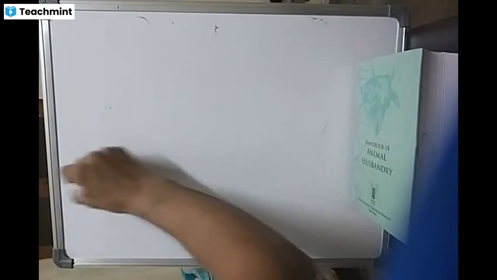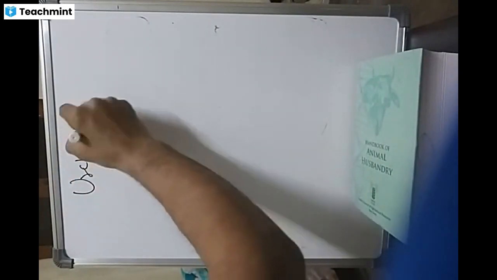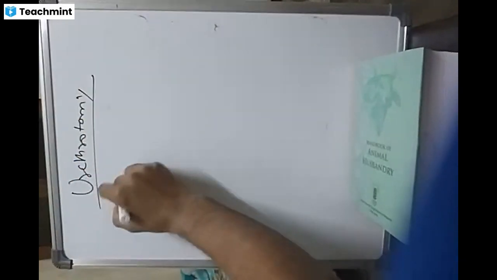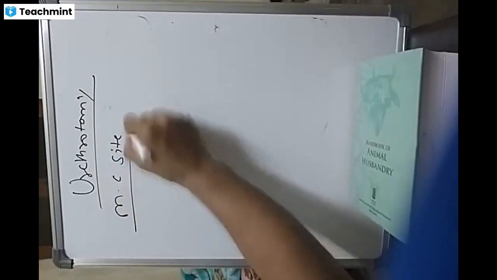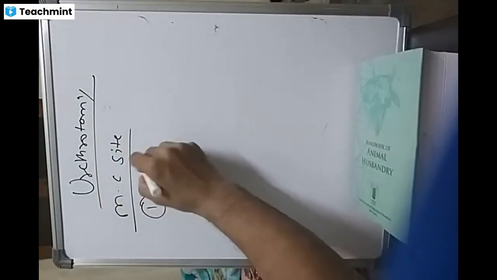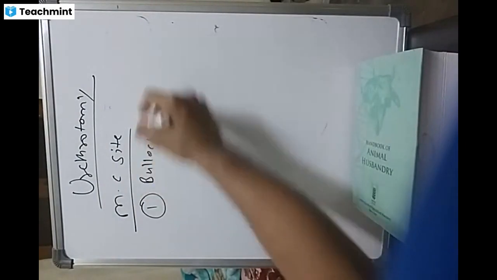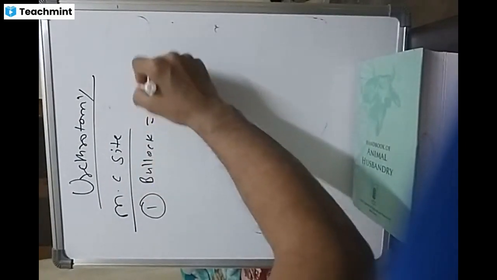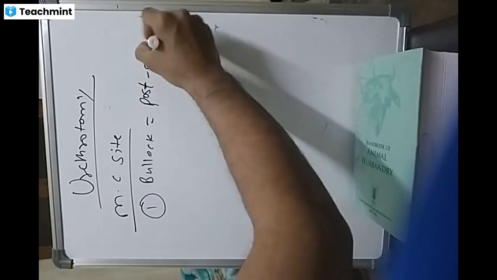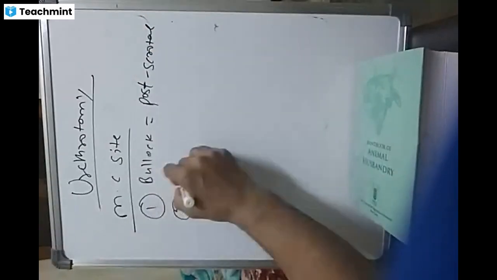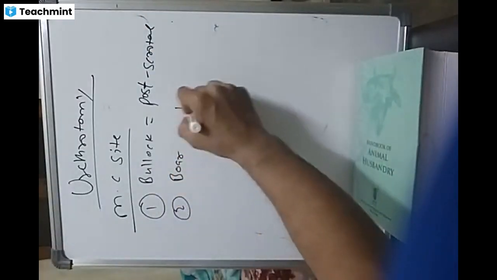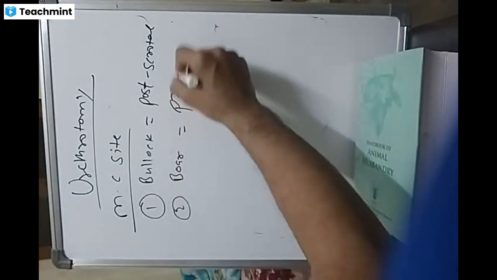So urethrostomy, the MCQ may come. In case of bullock or bull, it is post scrotal. If they ask in case of boar, it is pre-scrotal.